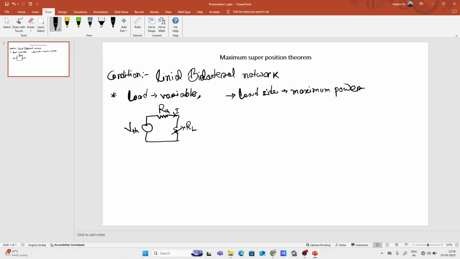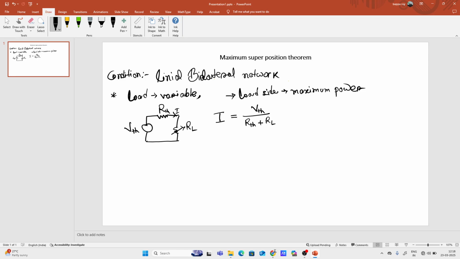But when we talk about the maximum power transfer theorem, at that time we'll say the load is variable. So here, if we want to calculate the current, I is equal to VTH divided by the total resistance, RTH plus RL.